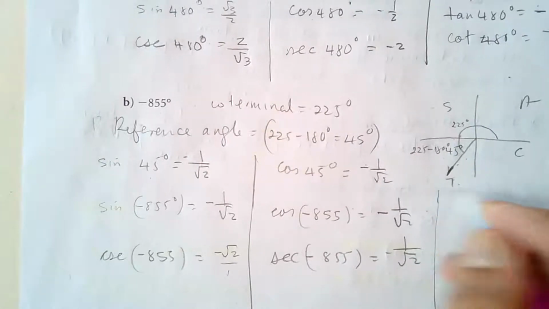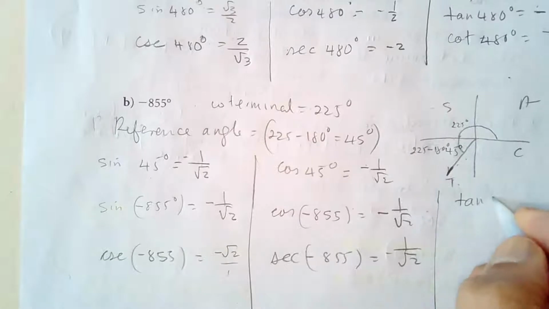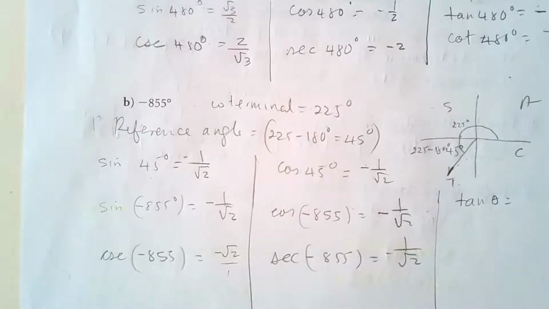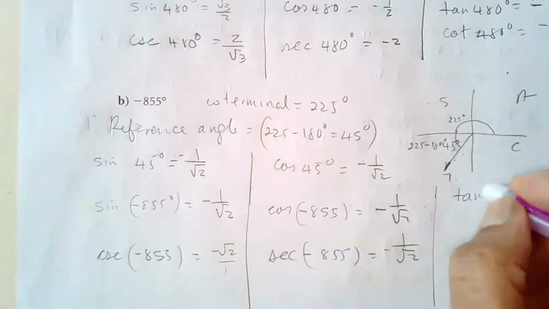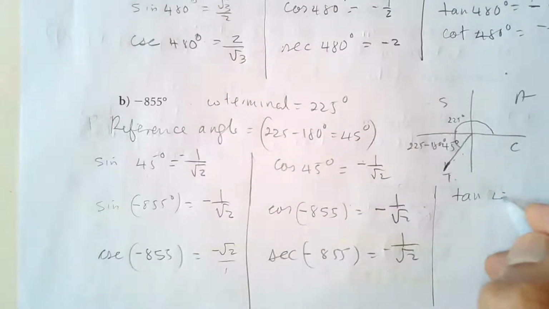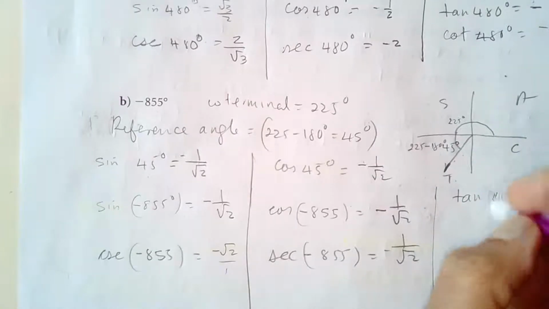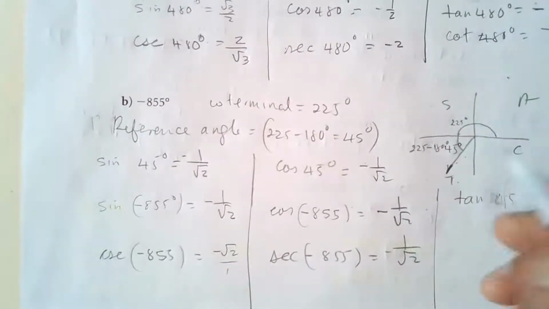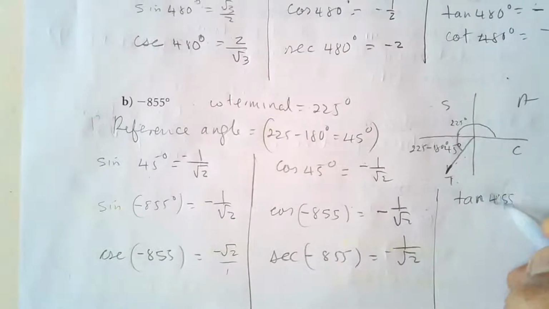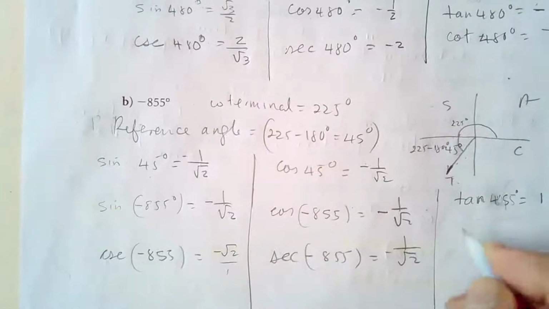And the last now, tangent. So tan theta now is positive. So tan 45 degrees, remember, that's equal to 1. Okay.